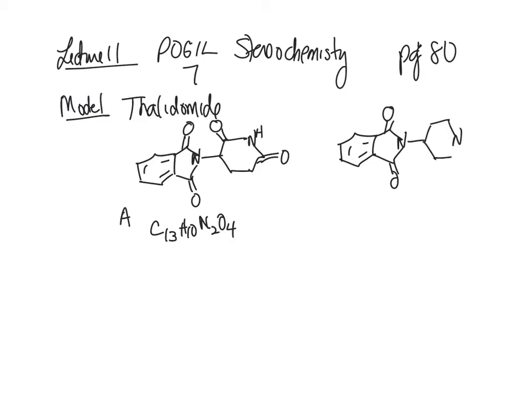And a lot of babies were born as thalidomide babies. What it does is it is an angiogenesis inhibitor, so it cuts off the blood flow. And so these babies were born with underdeveloped limbs.